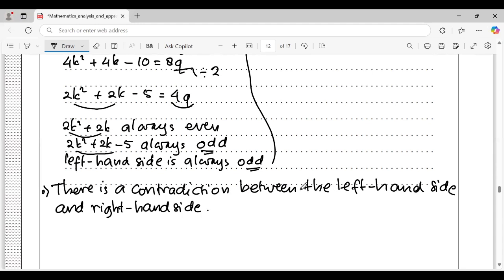The contradiction is that the left-hand side is always odd, while the right-hand side is always even.